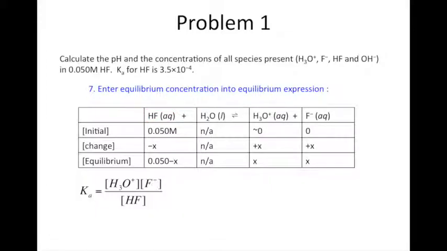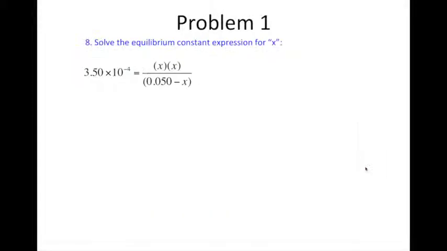Next, let's enter our equilibrium concentrations, which we have in our ice table. So we're going to plug these values into our Ka expression. Again, we use Ka when we have an acid over here on the reactant side. So we plug those in and our equilibrium expression looks like this. And now we can solve.